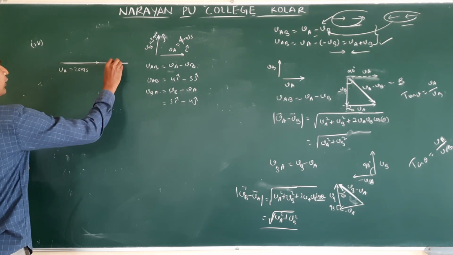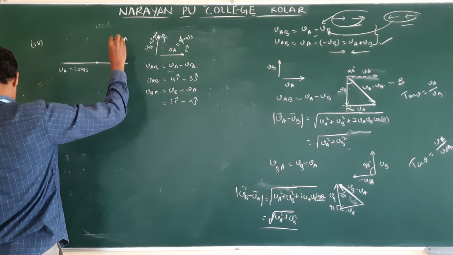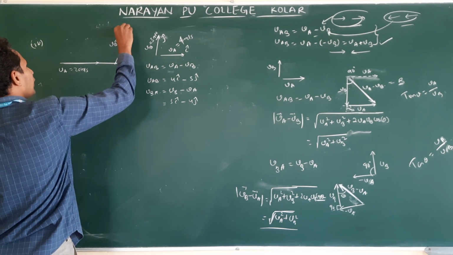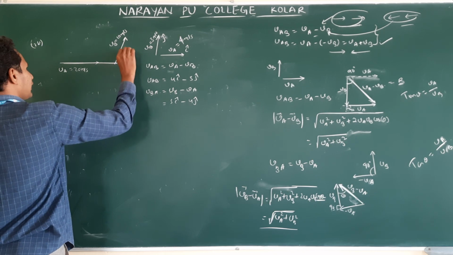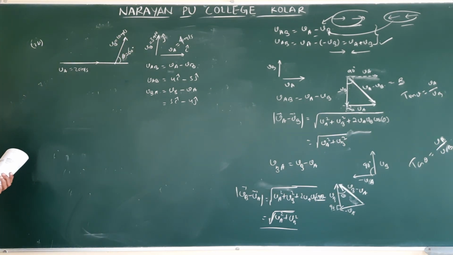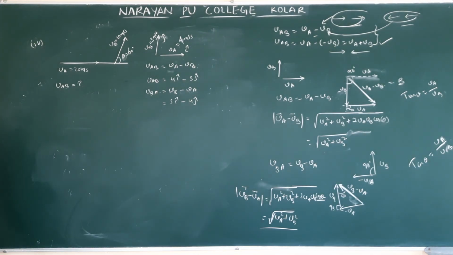Here VB acting like this. What is the magnitude of VB? This is 10 meter per second. It's making an angle, let us say theta is equal to 60 degree. Then VAB they asked. VAB is question mark.